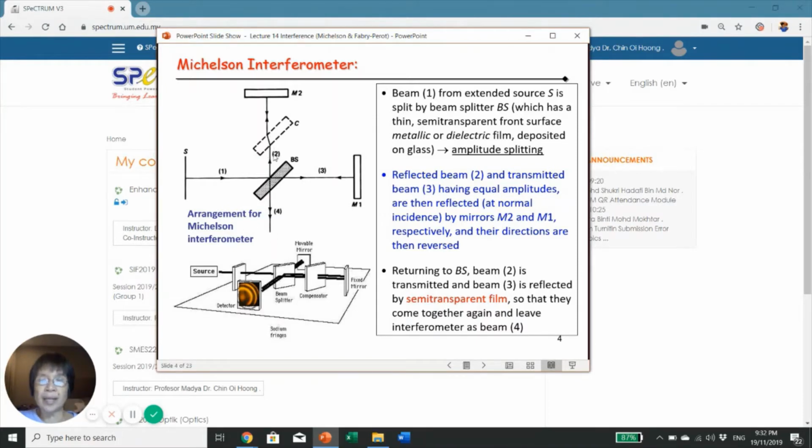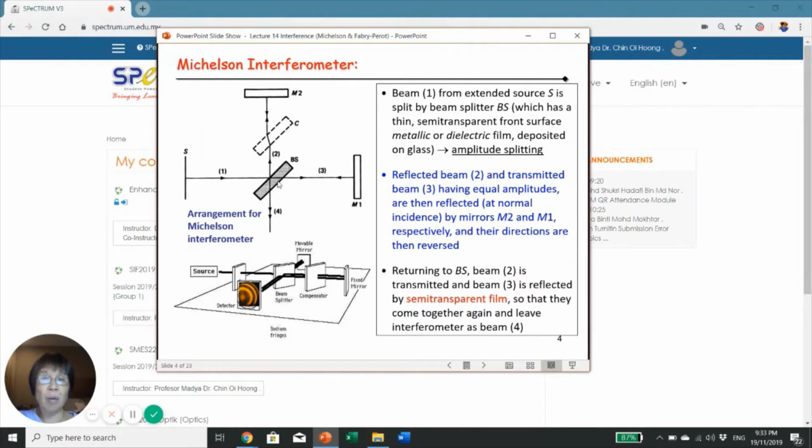So looking at this, now if you compare this beam and this beam that comes to 4 here would have passed through the beam splitter once, whereas this beam 3 here passes through once, and then twice, and then a third time. So which means that beam 3 here has made an extra 2 paths through the beam splitter.